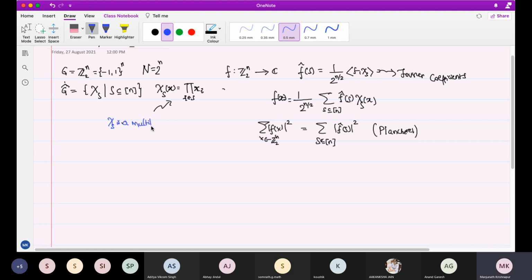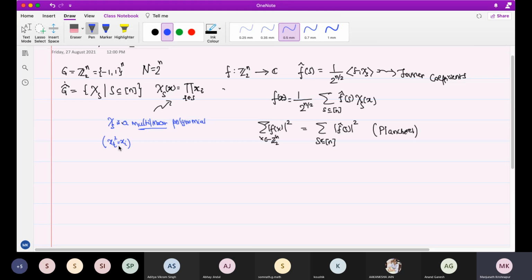In fact, it is a multilinear polynomial. By multilinear, we mean it's linear in each variable, which it would be because here x_i squared is... in our group, there's no point taking anything to a higher power.